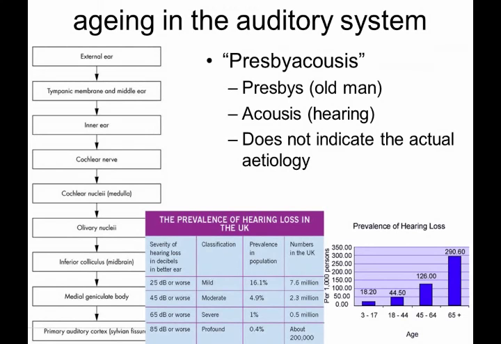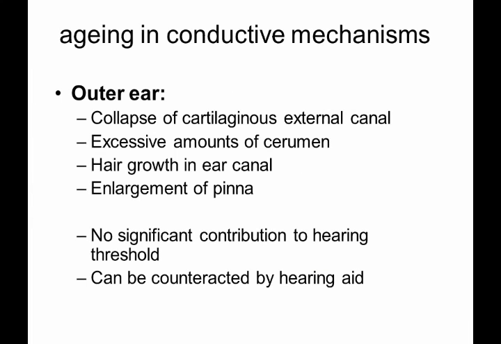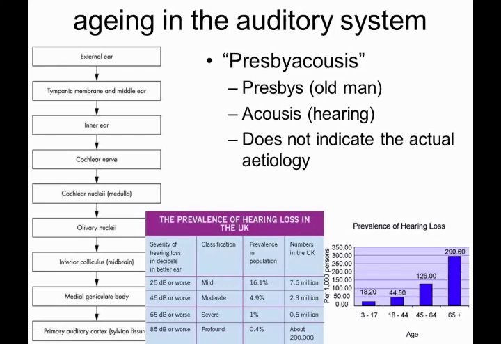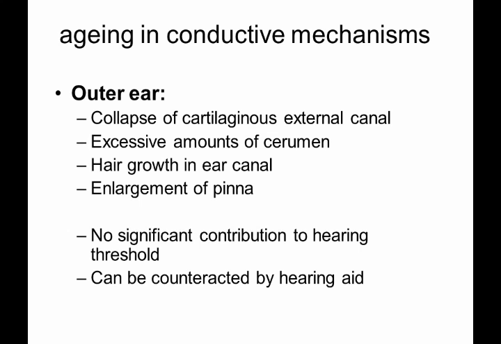And I think it's probably as noticeable as in other sensory areas as well. Let's go through the auditory pathway, starting with the external ear, inner ear, cochlear nuclei, up to the cortex. What happens to the outer ear if you get older?